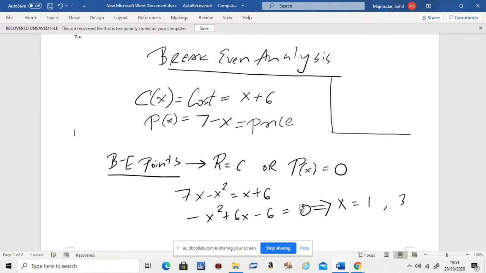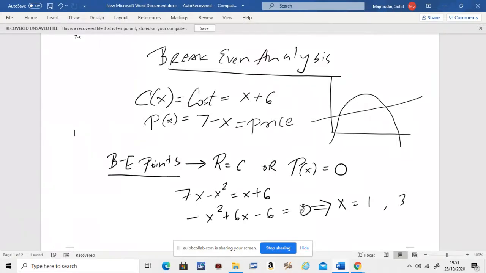And if you graph the revenue function, which is this one, it should look something like this. Okay, this is your revenue function. And if you graph the cost function, x plus 6, it should look something like that. I'm assuming you know how to draw the graphs.